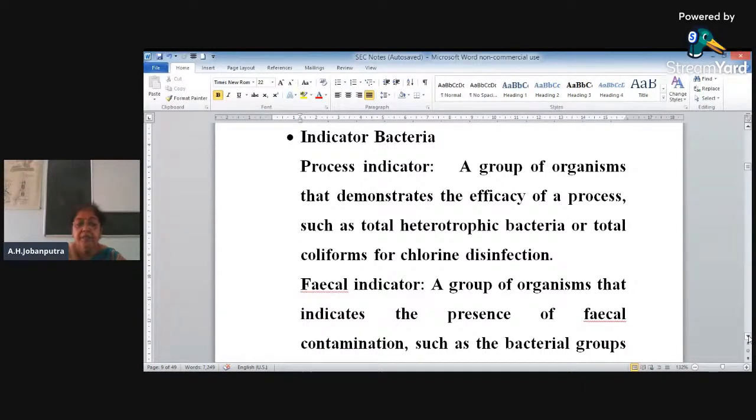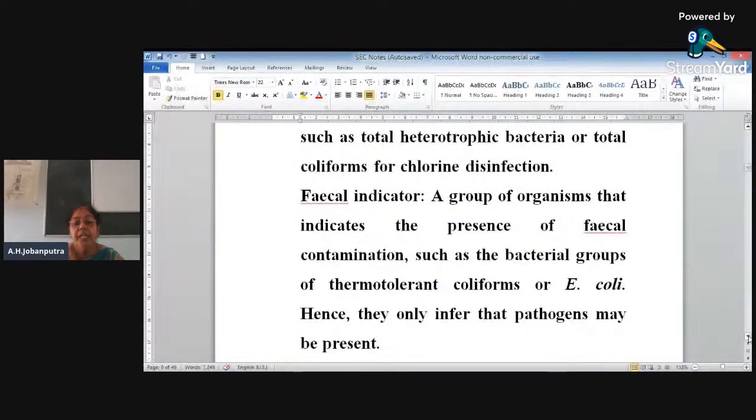The other one is the fecal indicator. These are the organisms which indicate the presence of fecal contamination, whether fecal bacteria are present or not. If these organisms are present in water, they will tell you that this water has been contaminated with fecal matter, waste, human waste, animal waste.